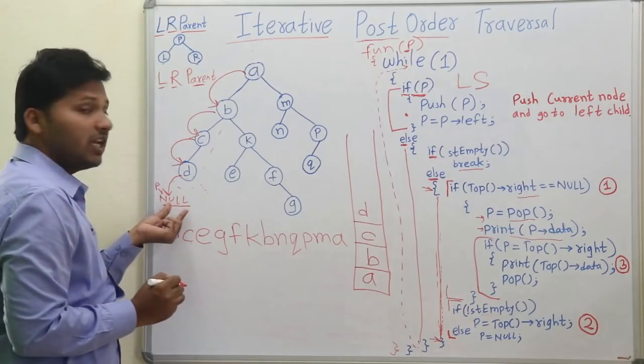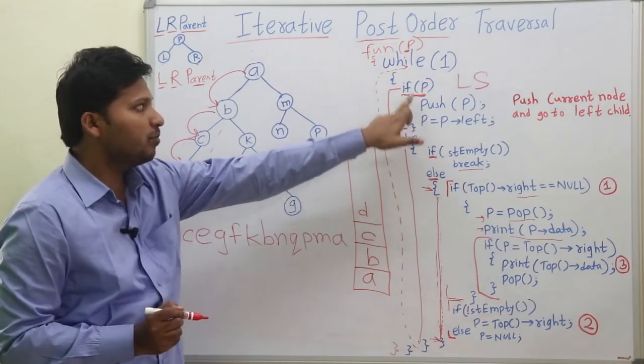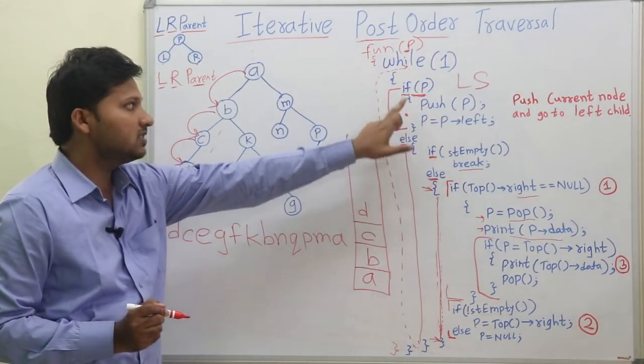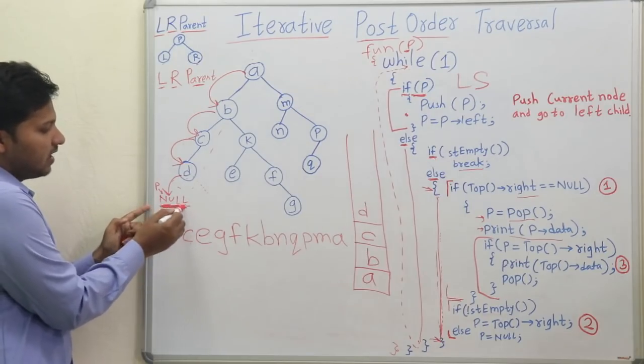Okay, so see here, for node D the left child is null, so the left child is processed. Now see, where was the left child processed? Left child was processed in this if block. How was it processed? See, P is null, so the left child is null.